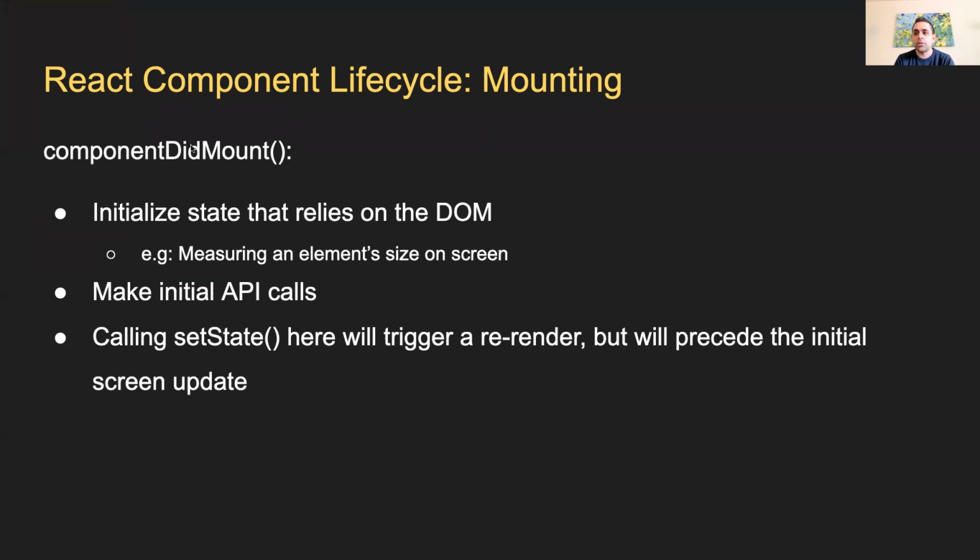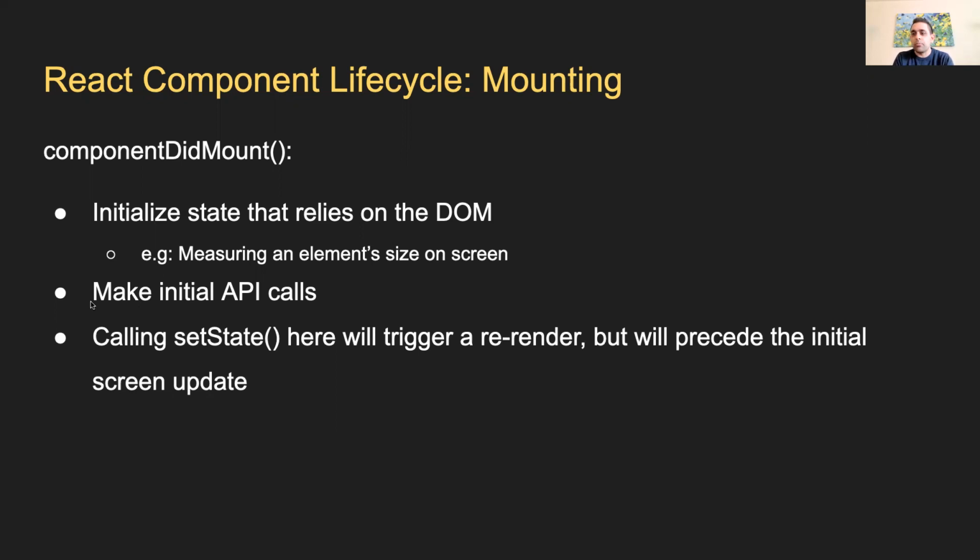So that's one reason you might add logic to your componentDidMount. Also, this is where the docs say to make your initial API calls. Going back to reading documentation, not always the funnest thing, but this is the best practice. You can theoretically have your API calls in your constructor, but that is, A, not what's recommended, and B, can cause problems.